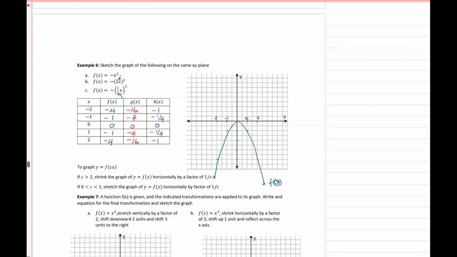So here's f of x. The next one is g of x. And the last one is e to the x.